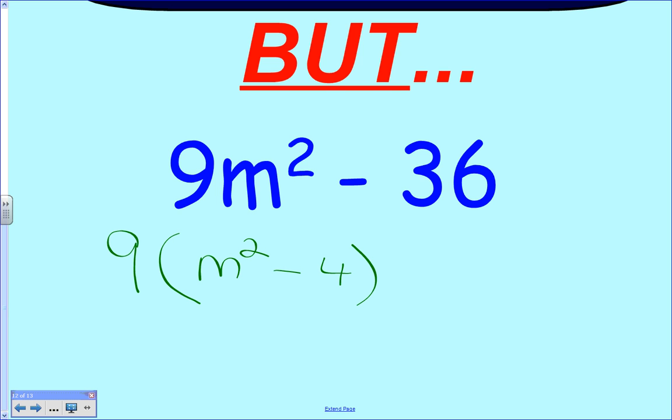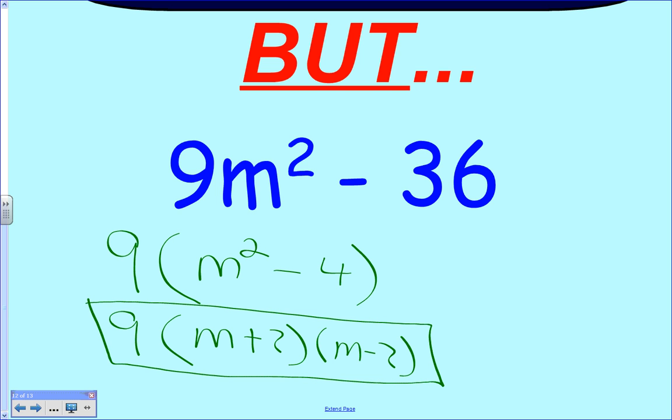You can see that this binomial, m squared minus 4, is a difference of 2 squares, m being squared and 2 being squared. So the complete factorization is going to be m plus 2 and m minus 2 for your difference of 2 squares, and your common factor of 9 would be included in front. That is the correct factorization. You always have to check for something in common first.